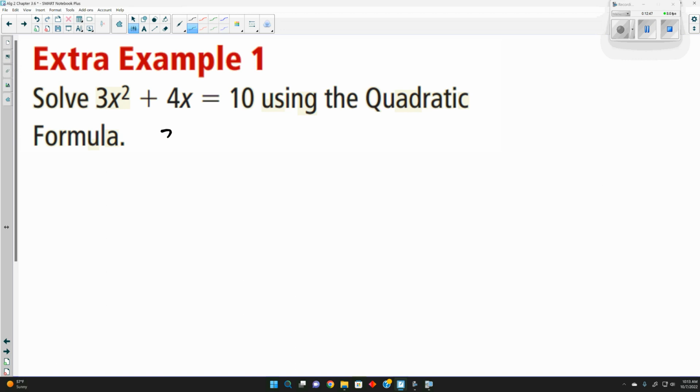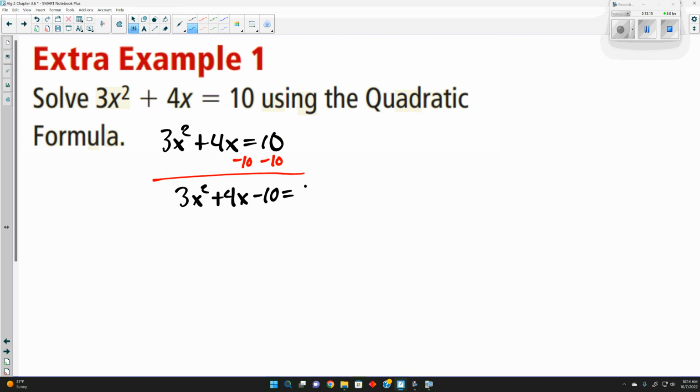So we're starting off with 3x squared plus 4x is equal to 10. Well, to use the quadratic formula, we need it equal to 0. Exactly. We can subtract 10 from both sides, which will tell us that we have 3x squared plus 4x minus 10 is equal to 0.